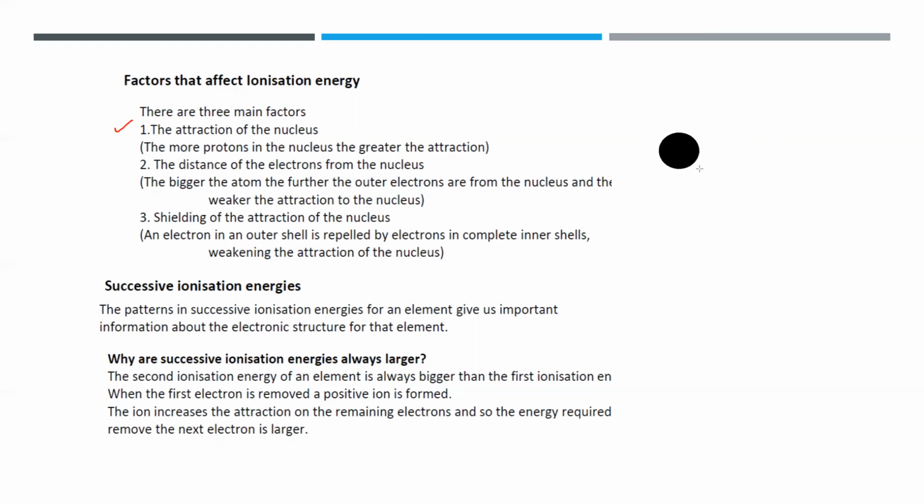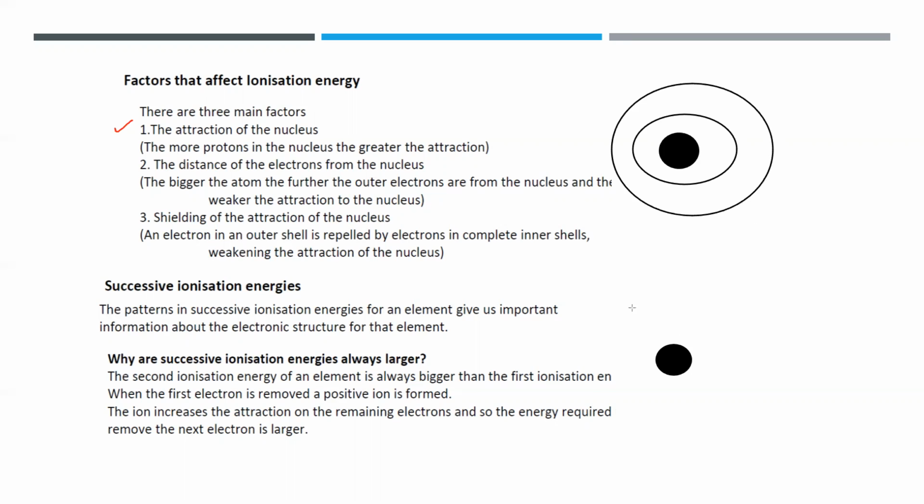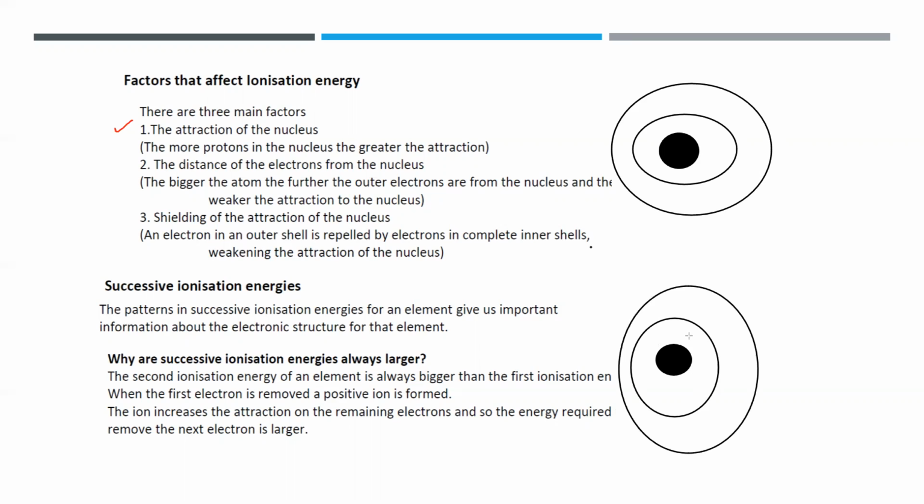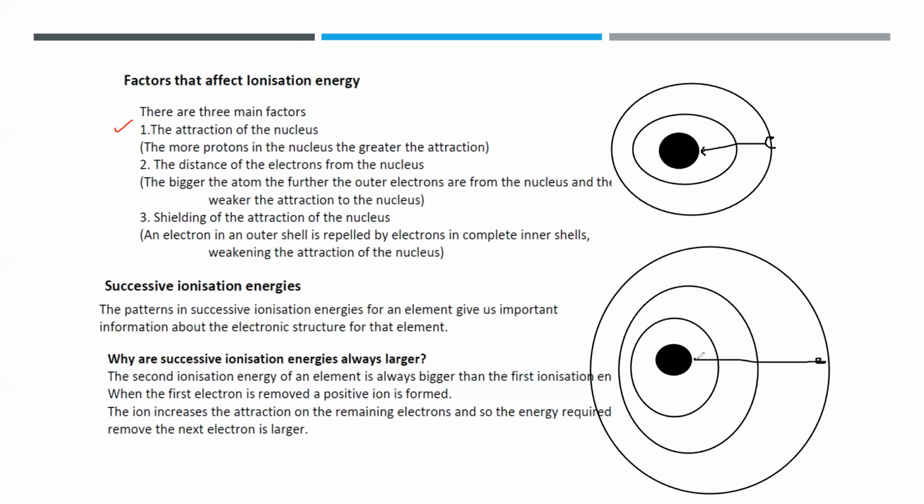For example, you have two different elements with different numbers of shells. Element A has 2 shells, but element B has 3 shells. As you can see, an electron in the second shell will be closer to the nucleus compared to an electron in the third shell.